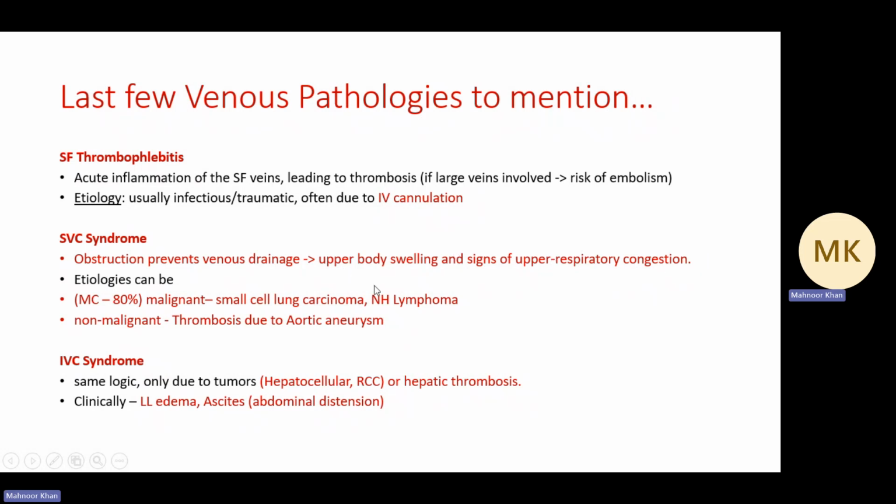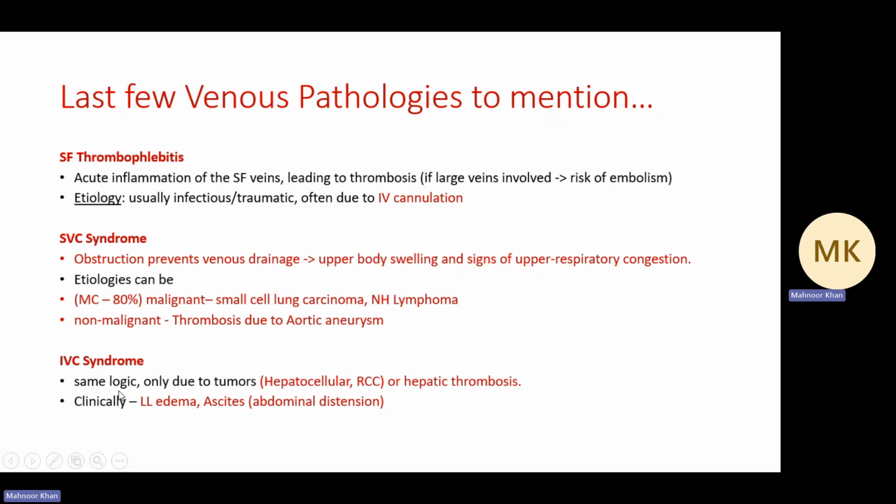Very important to mention these two, because you can see these with your eyes itself. The etiologies most commonly are malignancies, small cell lung carcinoma, and non-Hodgkin lymphoma. Non-malignant can be thrombosis due to aortic aneurysm.